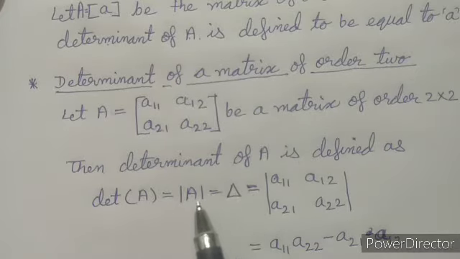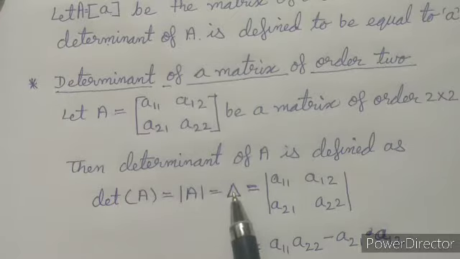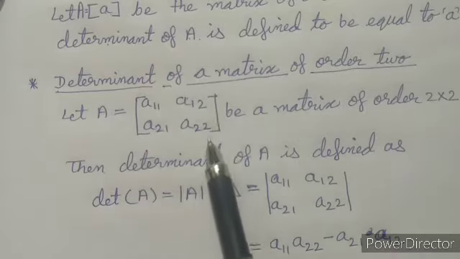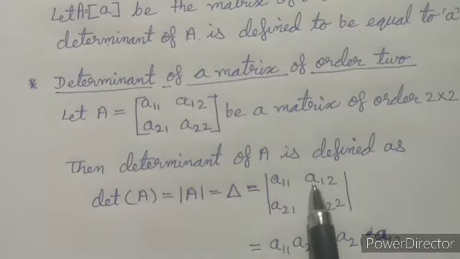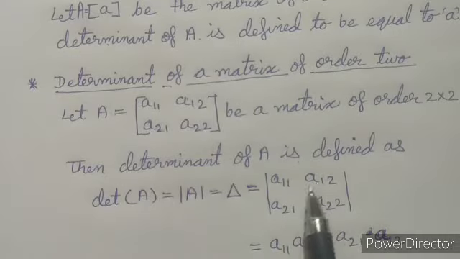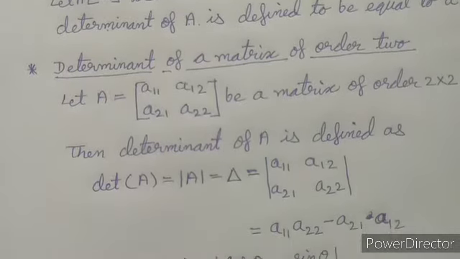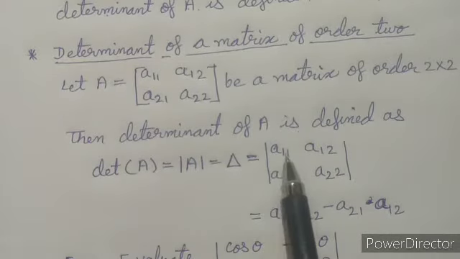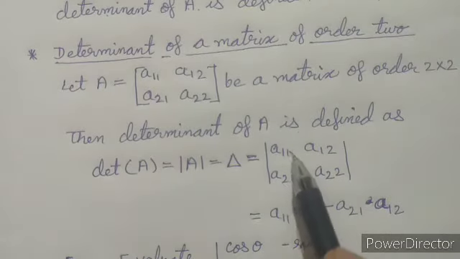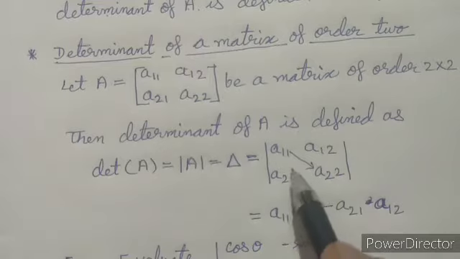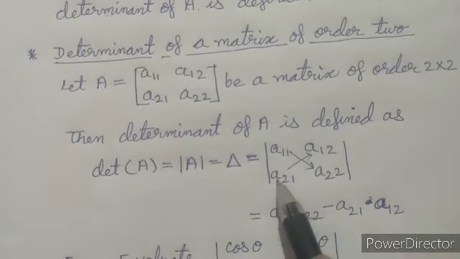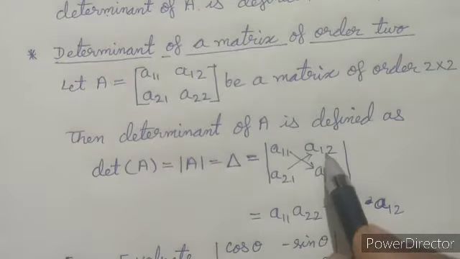Now, determinant A can also be written as delta, and that will be equal to the determinant of the matrix A whose elements are A11, A12, A21, and A22. Now, if you want to find the determinant of this matrix, this will be equal to A11 into A22 minus A21 into A12.